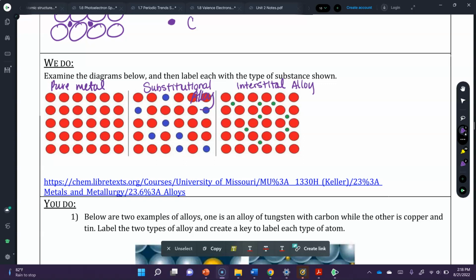The next one, our second one, is a substitutional alloy, because we see that the blue elements have substituted in for some of the red ones. Then in our last one, we see little green, much smaller elements have fit into the pockets of the pre-existing pure metal, and that is an interstitial alloy.